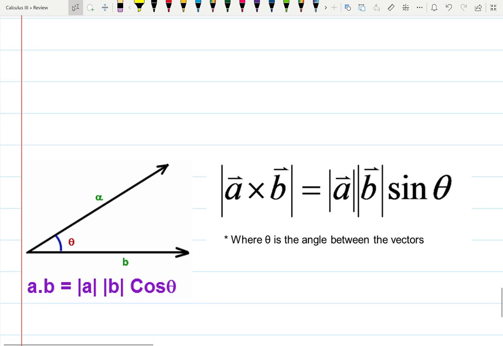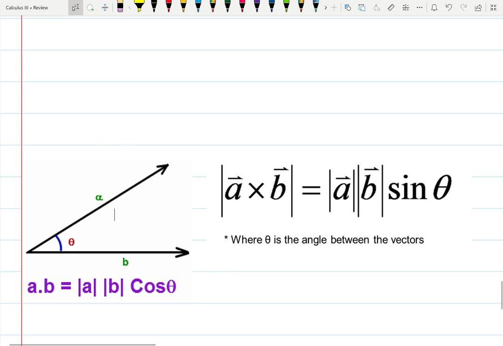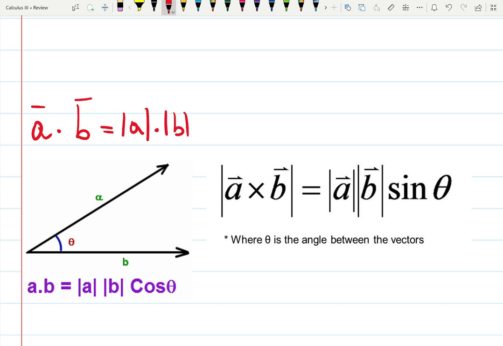So here they are. Here is the nice illustration of the angle between two vectors A and B, angle called theta. So either we perform dot product, A times B equals magnitude of A times magnitude of B times cosine theta.